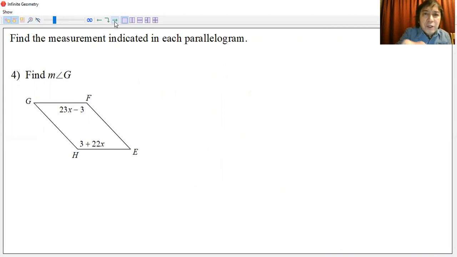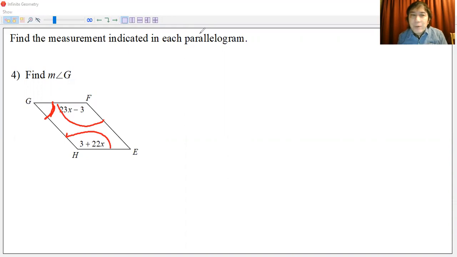Okay. We're after this angle. What is the measure of this angle? What's the measure of angle G? How are we going to get the value of angle G? This angle F and this angle H are an opposite angle pair.